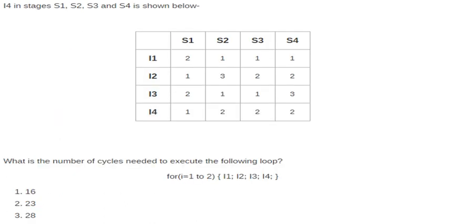So now we will be discussing this numerical. In this numerical we are given a 4-stage pipeline processor. The processor we have considered in this example is a 4-stage processor, and the cycles needed by the 4 instructions I1, I2, I3 and I4 in each stage are given in tabular form.